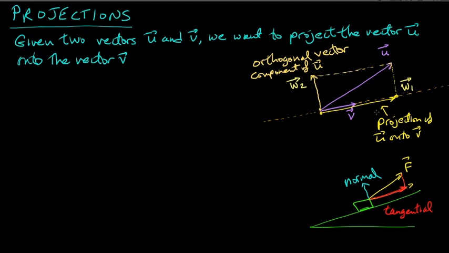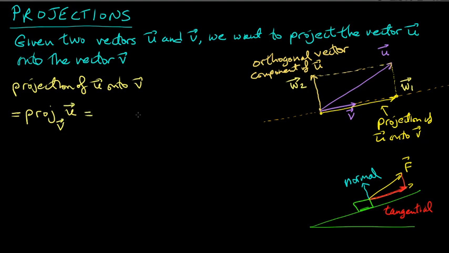So first let's look for the projection. Projection of u onto v. And we'll just abbreviate that. How about PROJ of the vector u, and then to indicate that it's in the direction of v, we'll do a little subscript v here. Okay.